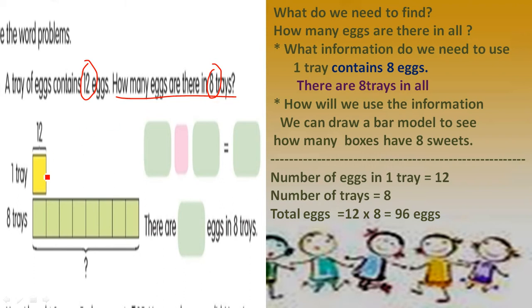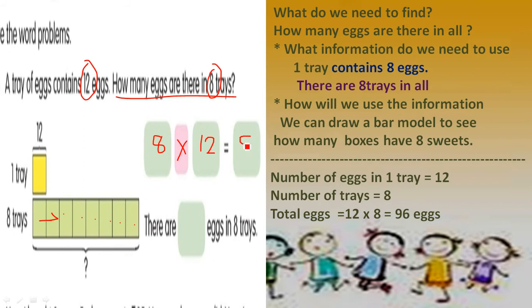So let us make the bar model. One tray has 12 eggs and there are how many trays? 8 trays. 1, 2, 3, 4, 5, 6, 7, 8. So it means it is 8 times 12. This is 8, the operator or symbol, this is 12.